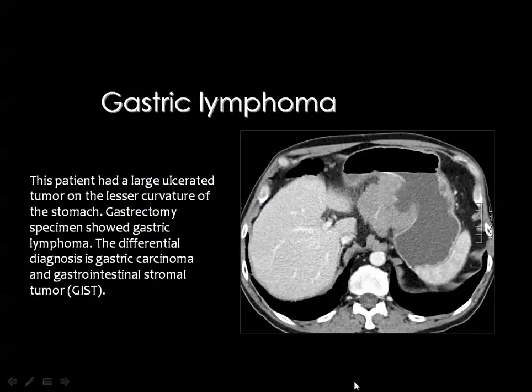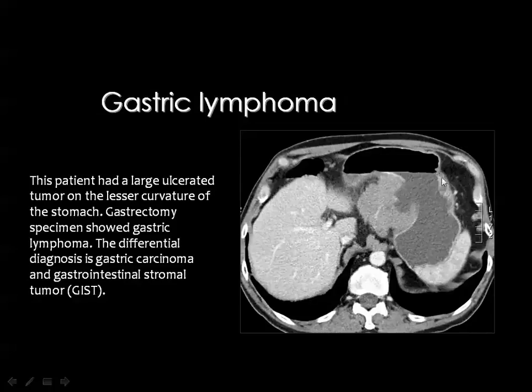And lymphoma may also present as focal masses which are indistinguishable from gastric carcinomas. You remember that lymphoma is usually a diffuse pathology, while carcinoma is usually a focal pathology.